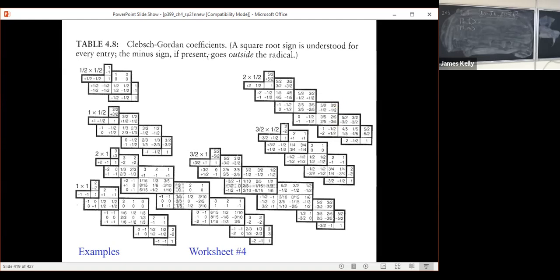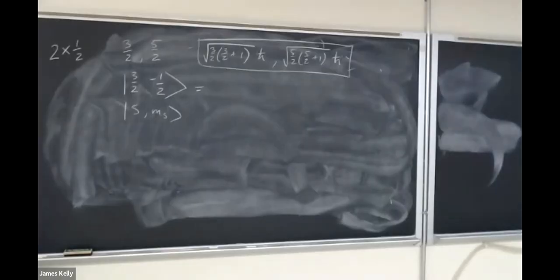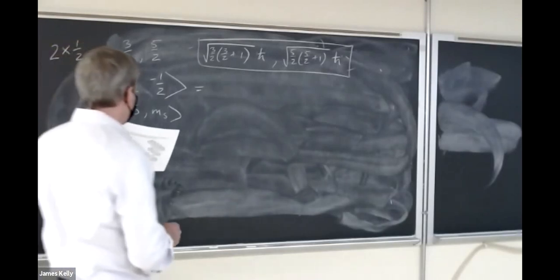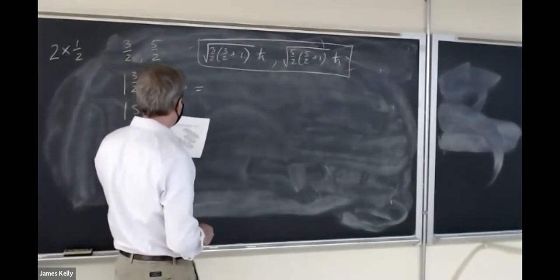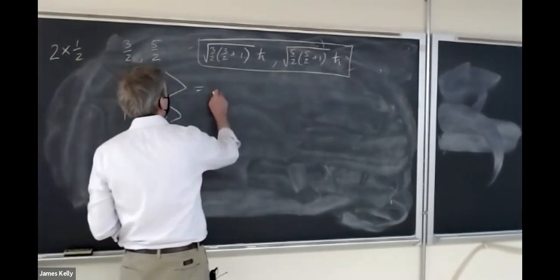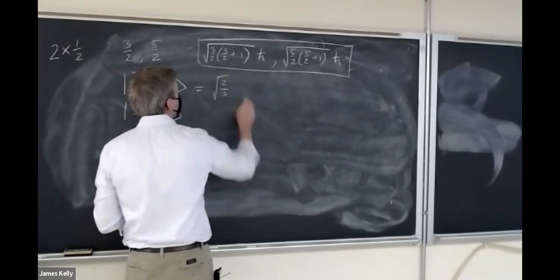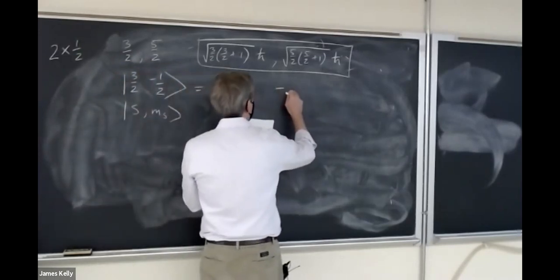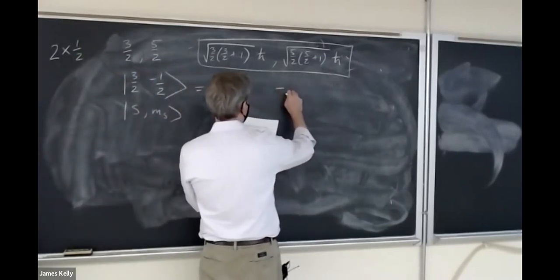Now I'm going to go to the board, and we'll maybe flash back on here for those of you on Zoom. Again, looking down that column, my coefficients for 3/2 minus 1/2 are root 2/5 and minus root 3/5.